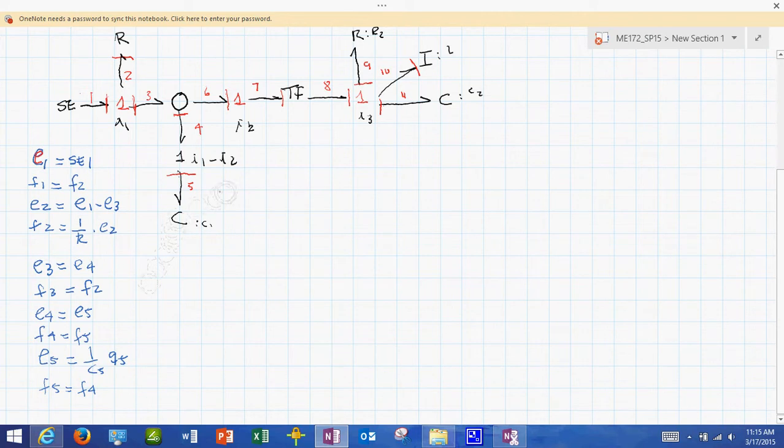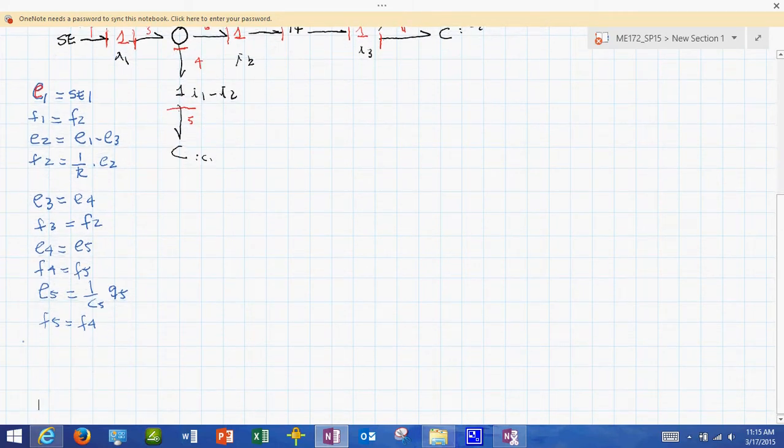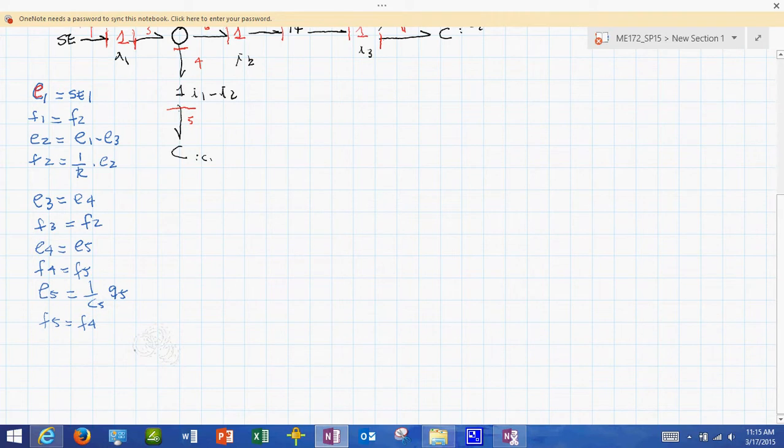And the first differential equation coming out of the C element is going to be dq5/dt, what is it equal to? F sub 5. And if you substitute this, there's no substitution at this point.